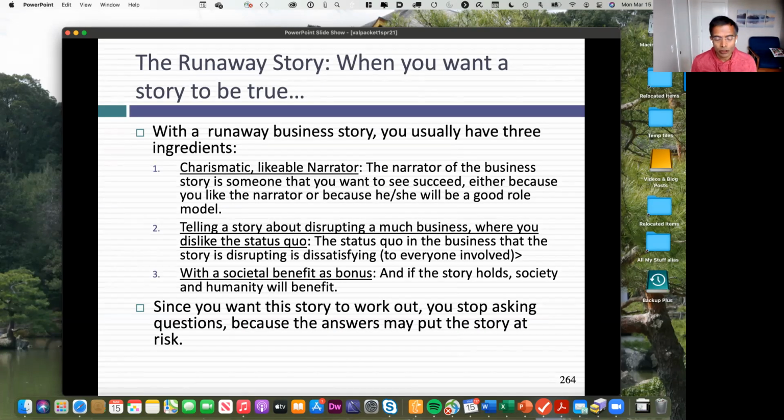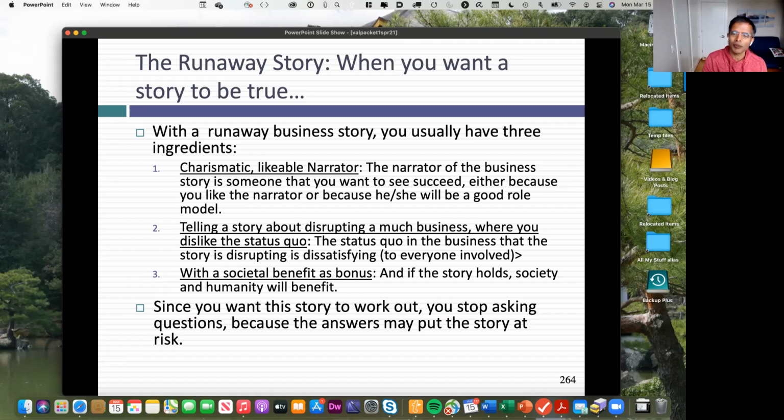Let me close off this section by pointing to a cautionary note. Sometimes you will hear a story. So think like an investor, a VC. You will hear a story from a founder that you like so much, that you want to be true so much, that you suspend asking questions. I'll tell you what usually drives this. Usually, you have a storyteller who is charismatic and likable.